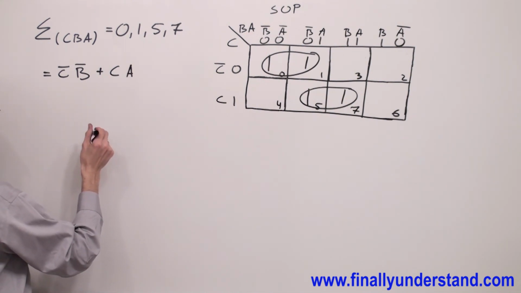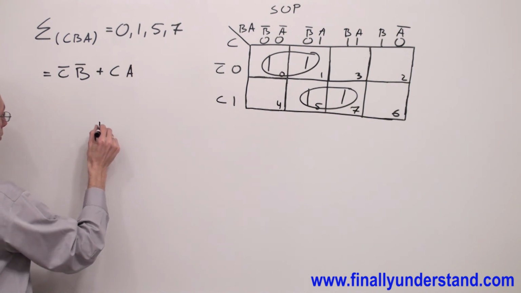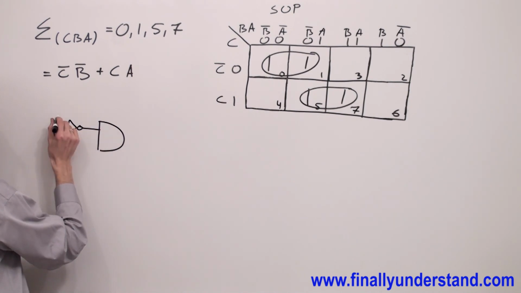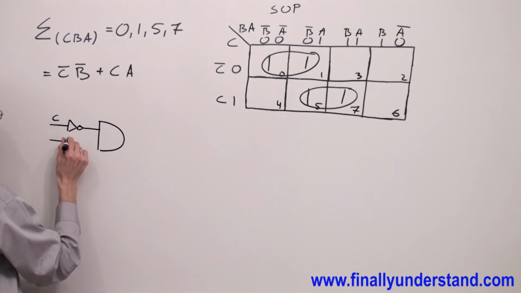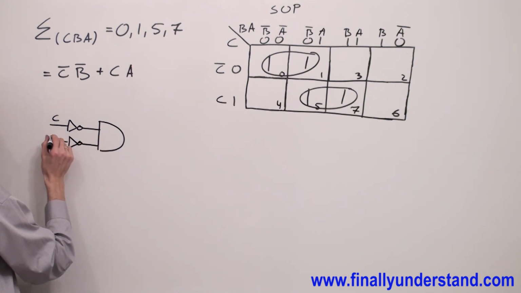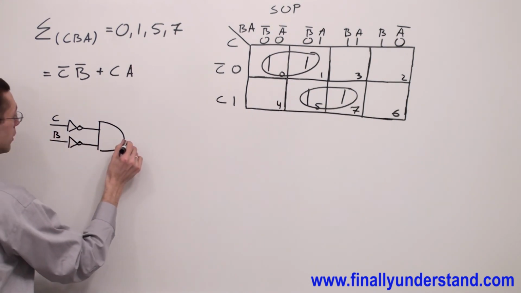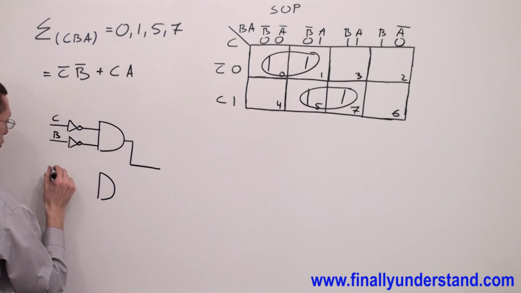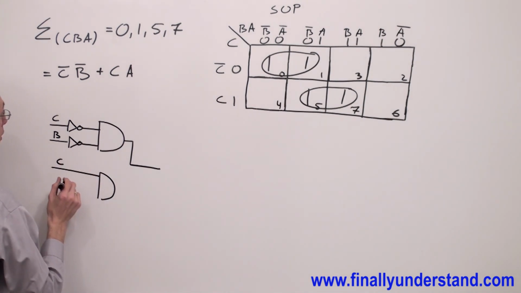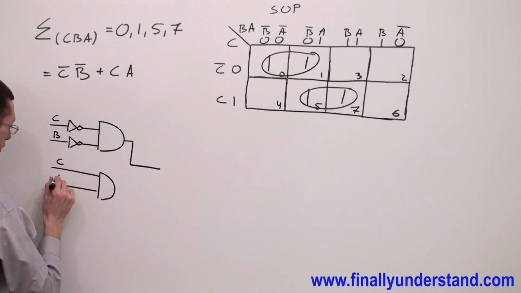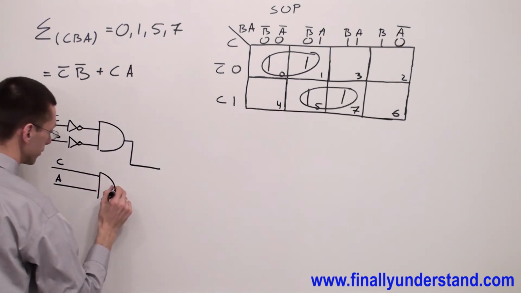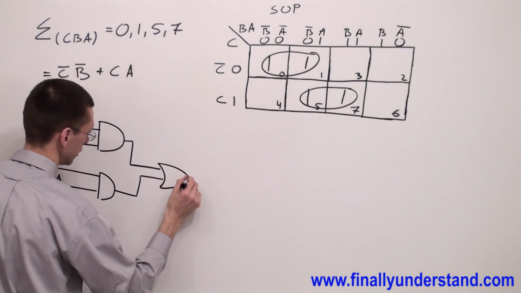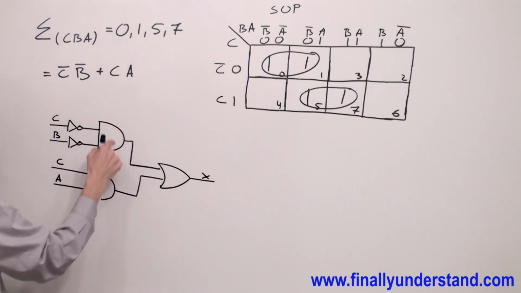I'm going to have 2 AND gates, one with an inverter on C and input B also going through an inverter, and another AND gate with input C and input A. Both of them are ORed together. These are the solutions to my problem.